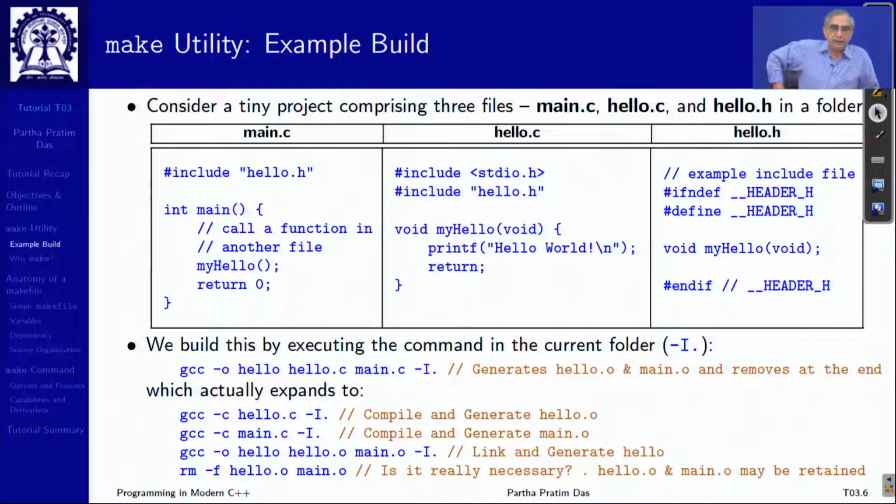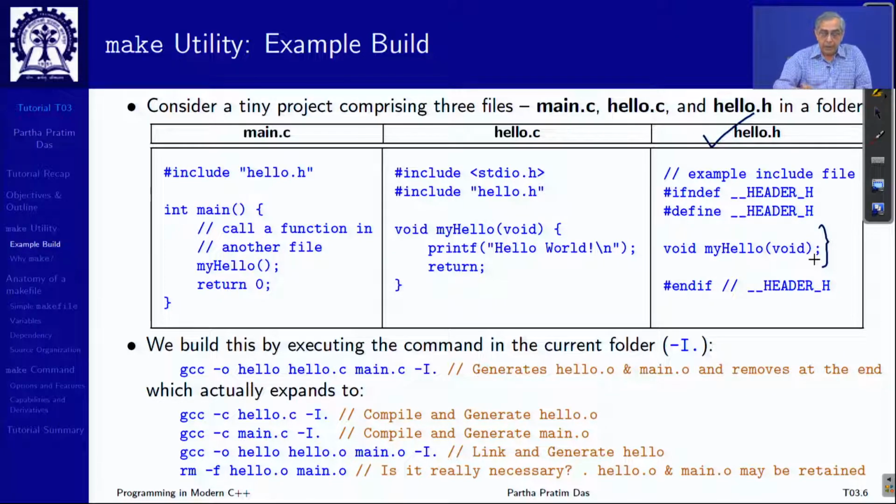So, let us first recapitulate the example build process using a very simple project. It is basically the Hello World project, but written in a little bit more structured manner to introduce the basic concept of make. We have a hello.h which defines the header of the my hello function.